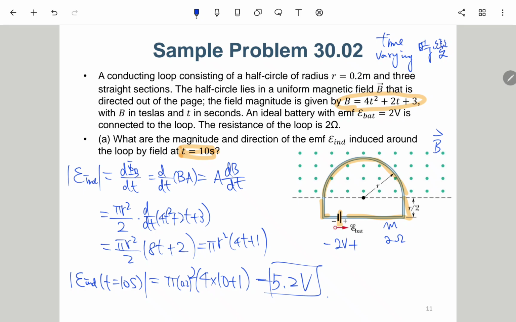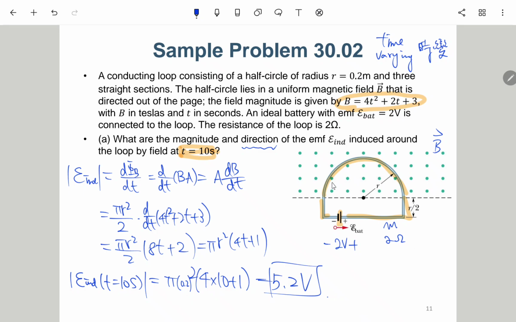Okay, so actually we also need to determine the direction. So we need to consider the magnetic flux. For the magnetic flux of this part, B field is pointing out of the page, and whether it is increasing or decreasing, we can simply check it here. All the coefficients are positive. So if t is increasing, when t is positive, we can expect that B is also increasing, and so phi B is also increasing at t equals 10 seconds.